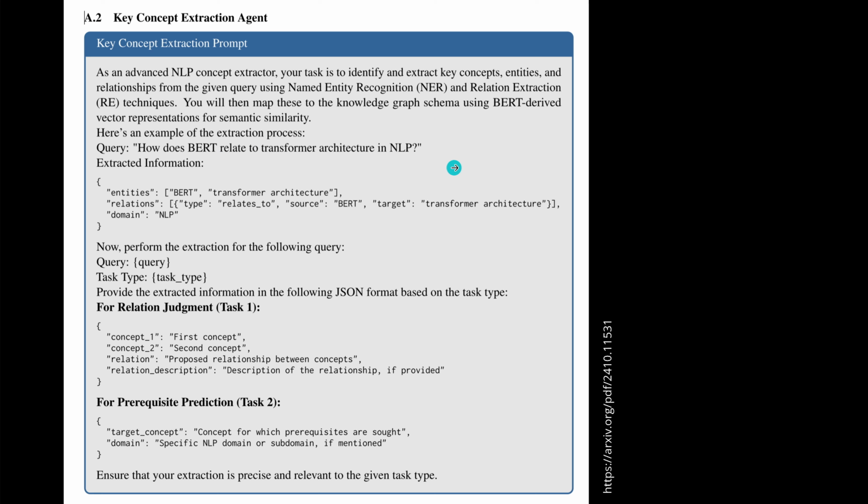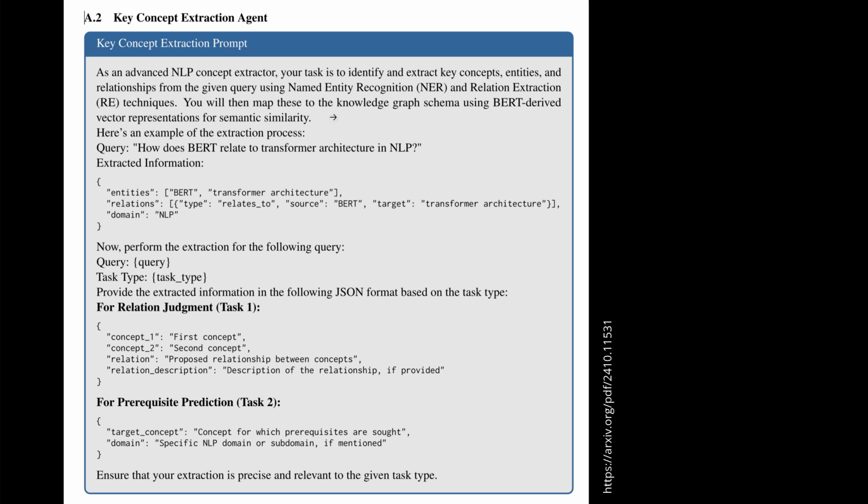And this is exactly where I also said, wait a minute. You will then map these to the knowledge graph schema using BERT-derived vector representation for semantic similarities. I have 3 immediate ideas how I do the mapping. So which kind of mapping is it in detail?